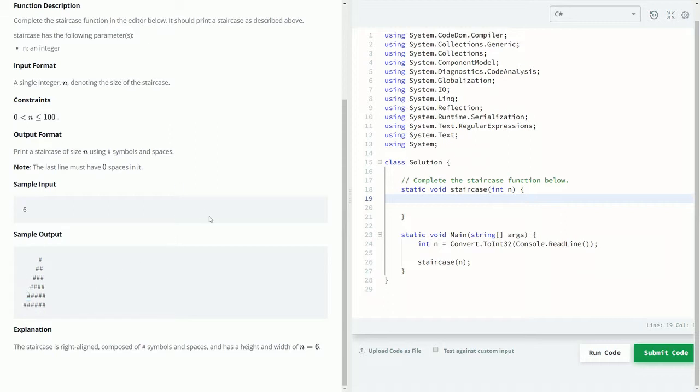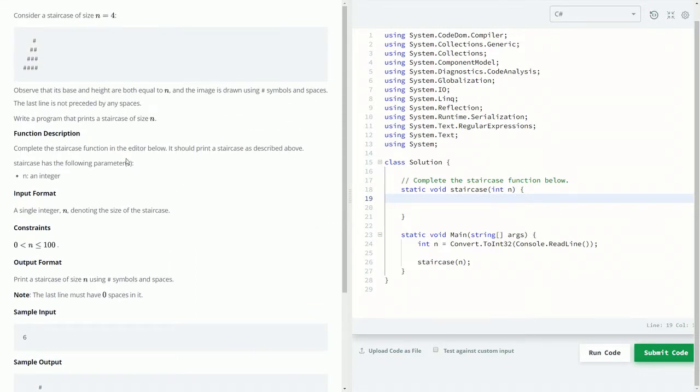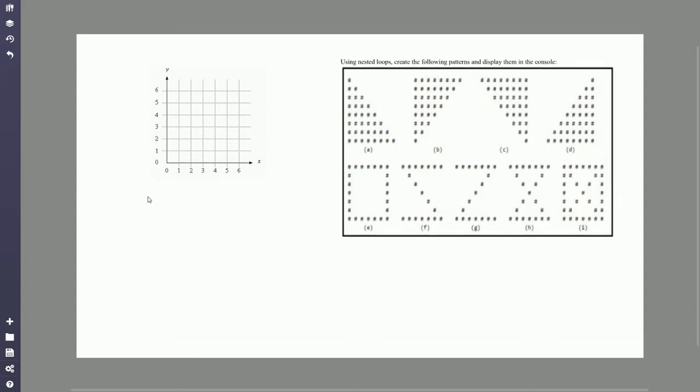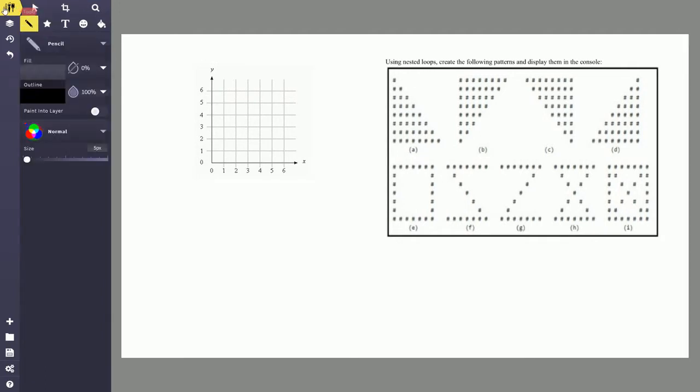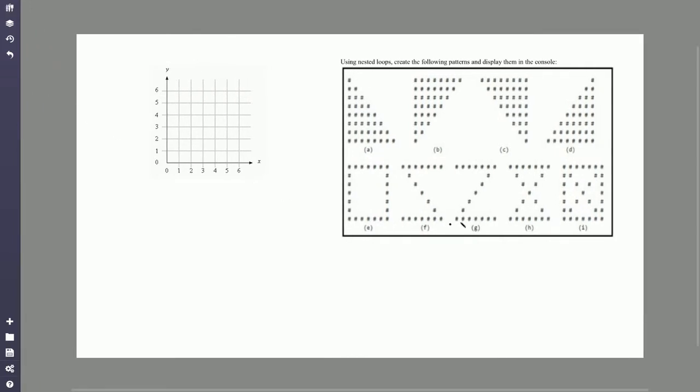Okay, so let's look at, I've prepared a little example to try and describe how I go about solving these, because as you can see right here, this is a pretty common thing to see on a test in your first programming class.